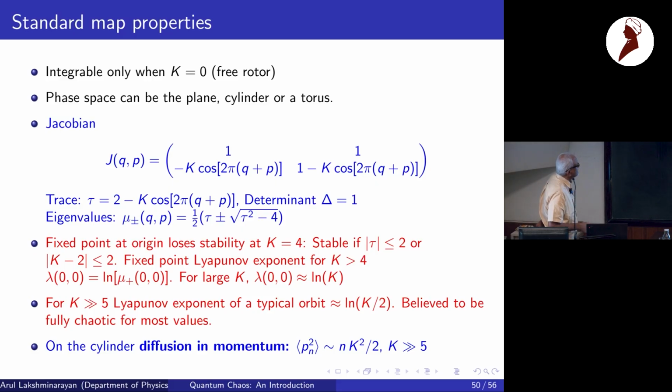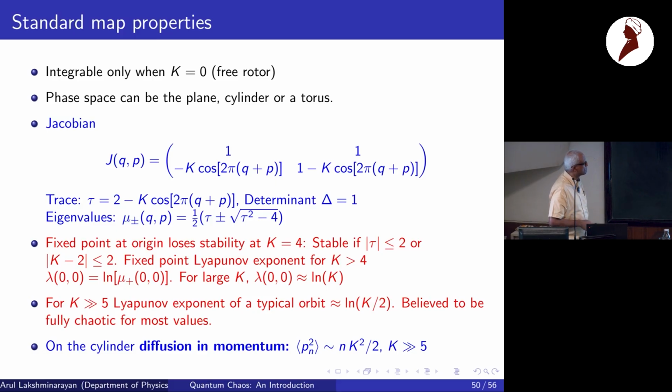Okay, and in fact, for k much larger than 5, the phase space is almost everywhere unstable. Almost every point is unstable. So there will be, as we discussed, a lot of periodic orbits and all that. Still, they will be unstable.